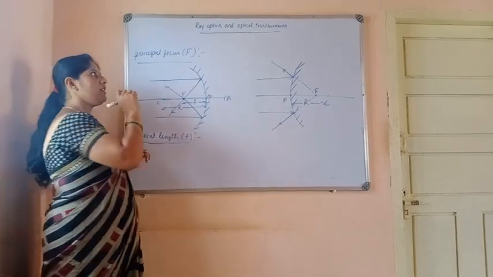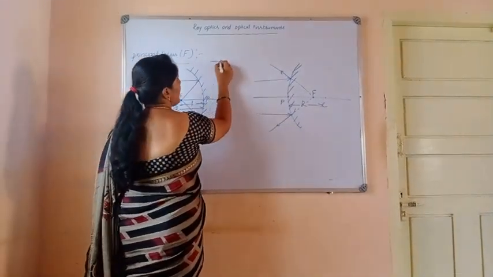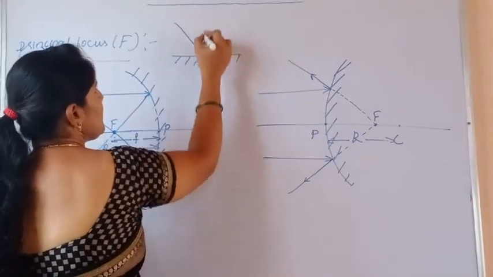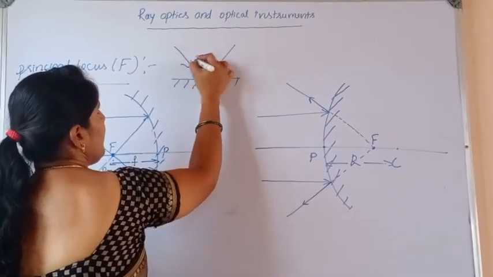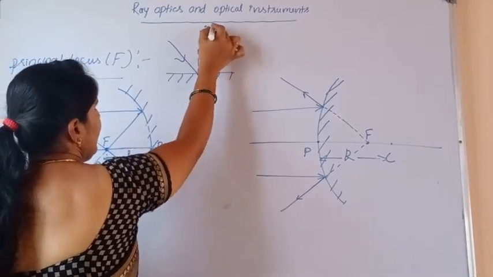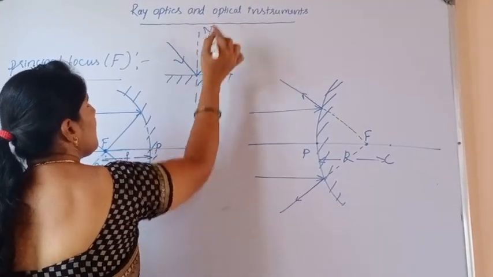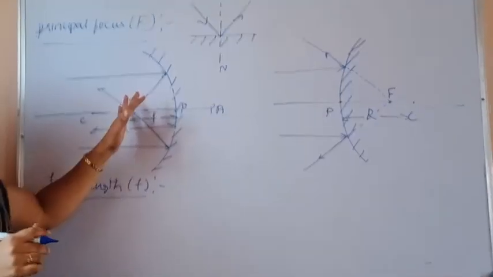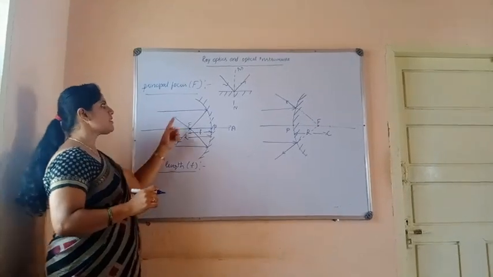I think you already know that for a plane mirror like this, this is the incident ray, this is the reflected ray, and this one is the perpendicular line, that is the normal, used to calculate the angle of incidence and angle of reflection. For a spherical surface, where do we have to draw this normal line?